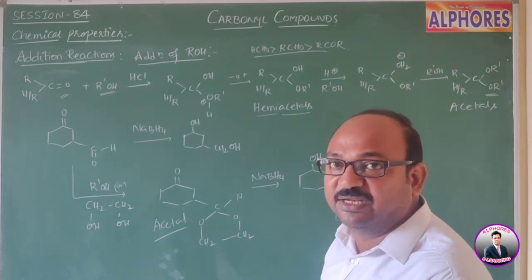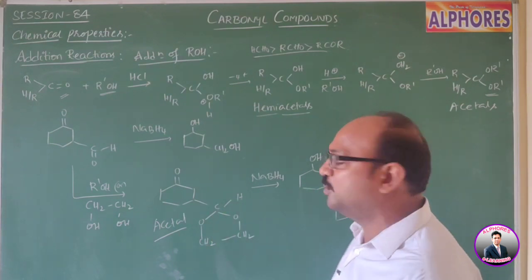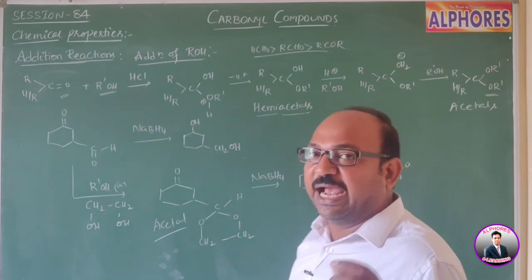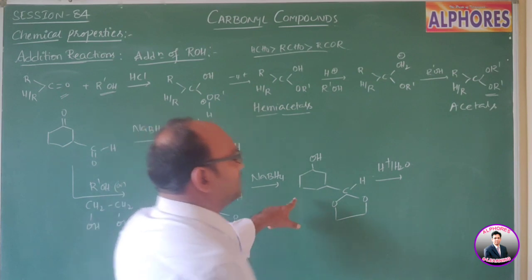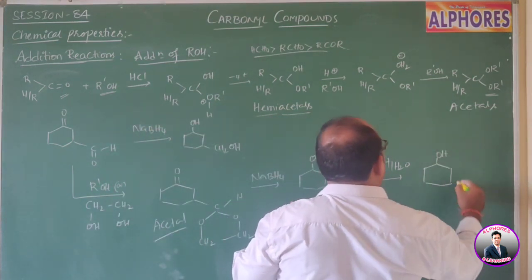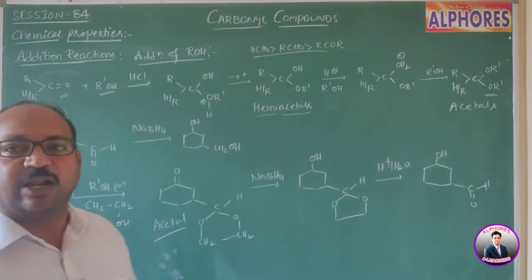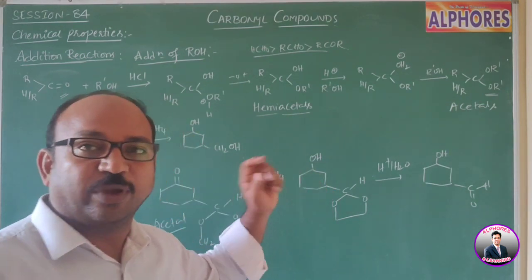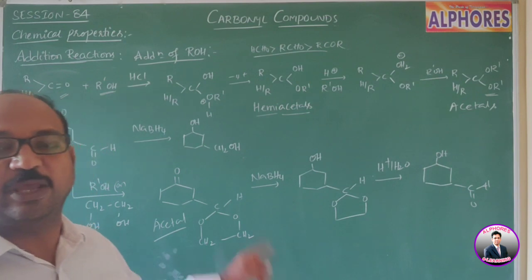This acetal further converts back into the carbonyl group simply upon acid hydrolysis. During acid hydrolysis, this acetal converts back to the aldehyde. That means we can protect aldehydes, and we can reduce one particular carbonyl group specifically by using this method.